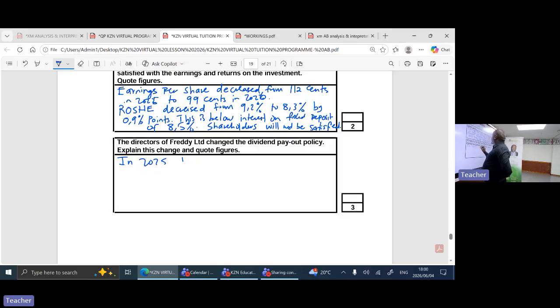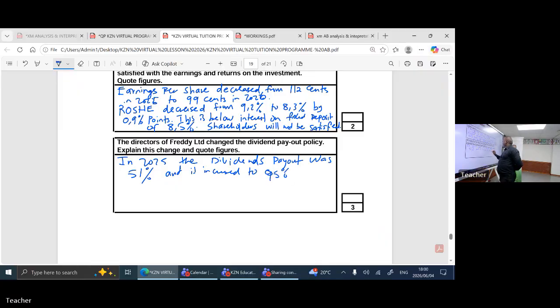In 2025, the dividend payout was 51%, and it increased to 95% in 2026. 95 minus 51 is 44%. Okay, now this is it.